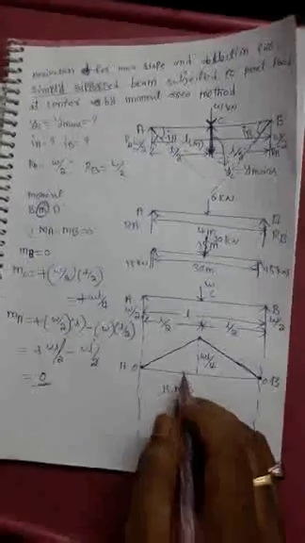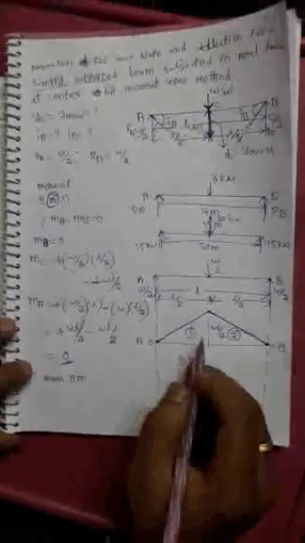In this diagram we see two triangles, the first triangle and the second triangle. Through this we are going to find the maximum slope and deflection for the above diagram.